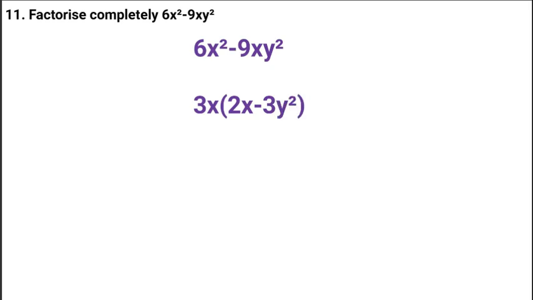Then close bracket. So that is the answer. I've factorized completely: 6x squared minus 9xy squared is 3x, open bracket, 2x minus 3y squared, close bracket.